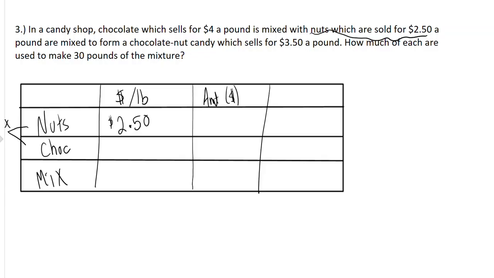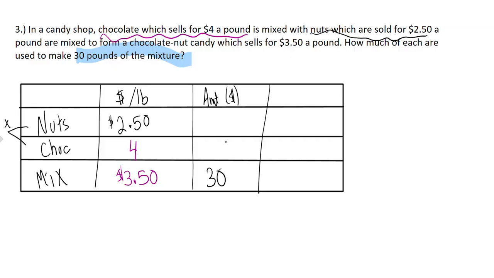And then we have $4 for the chocolate. When we mix these together, we want to have a price point of $3.50. We have to figure out how much we should have of each to make sure the mixture is 30 pounds. So the mixture has to be 30 pounds.